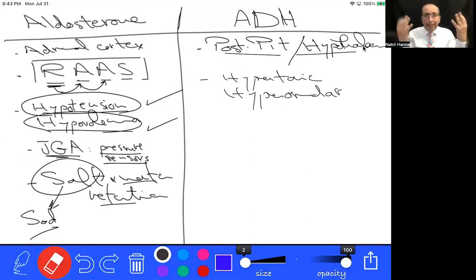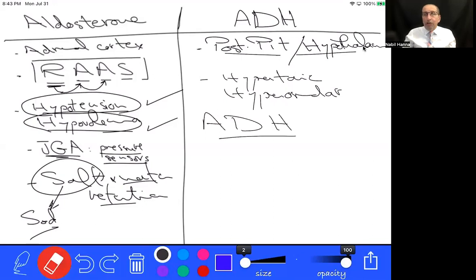So now you sweat, you pee, and you're losing water, and your extracellular fluid is more and more concentrated. This is the trigger for your hypothalamus and the posterior pituitary to release antidiuretic hormone.